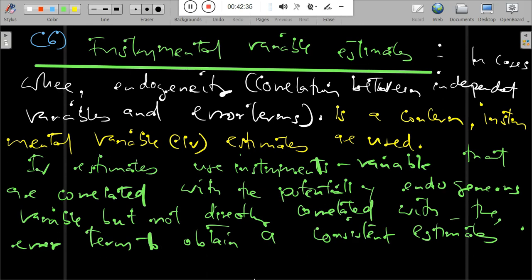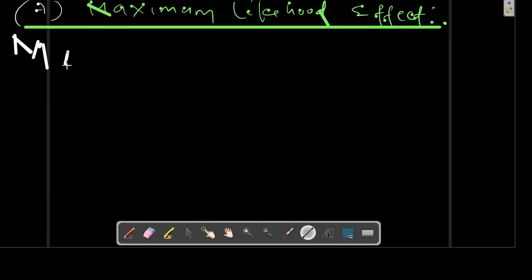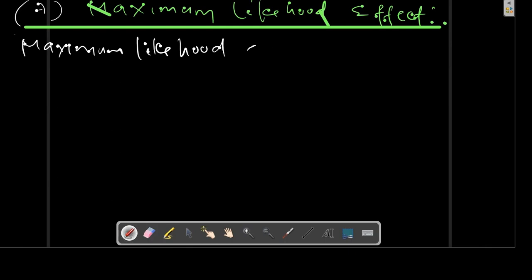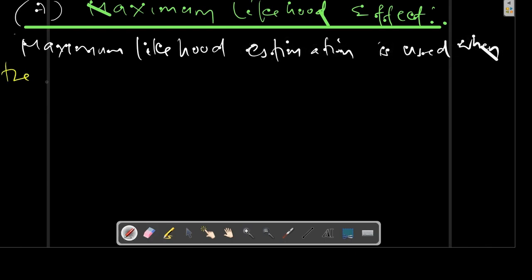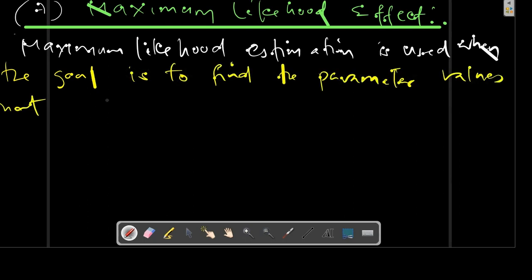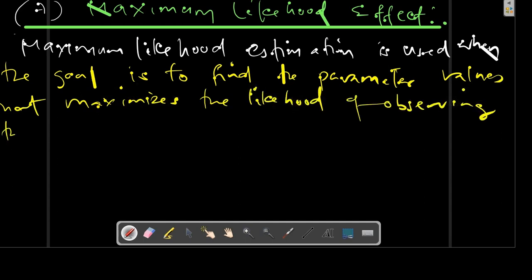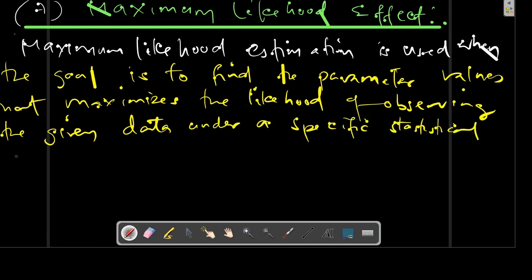Another key type of estimate is the maximum likelihood estimate. This is another kind of estimate that is used when the goal is to find the parameter values that maximize the likelihood of observing the given data under a specific statistical model.